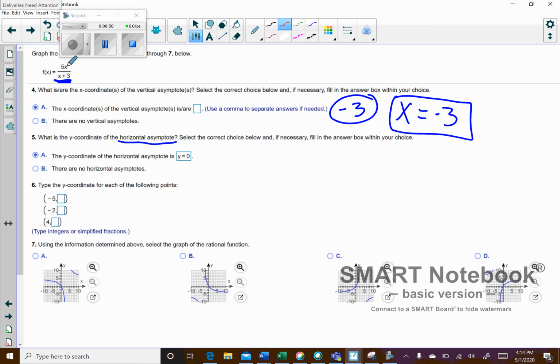And so here you look at the variables, and if the variables are the same, you take the ratio of the coefficients. So that'd be 5 divided by 1. So y equals 5 divided by 1, or just 5. Now, once again, I think you're just going to put 5 in this case, but sometimes you will put the y equals, so just kind of be careful.